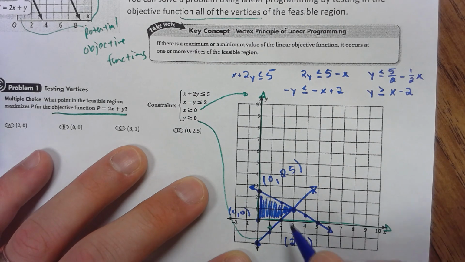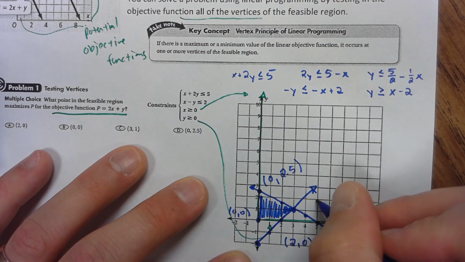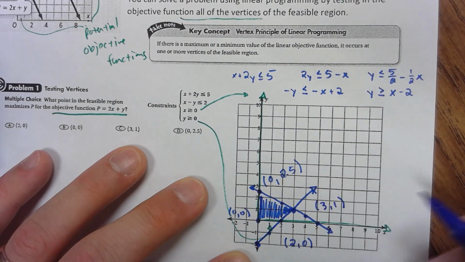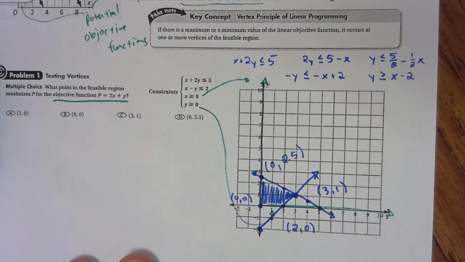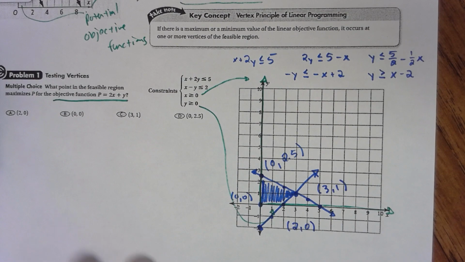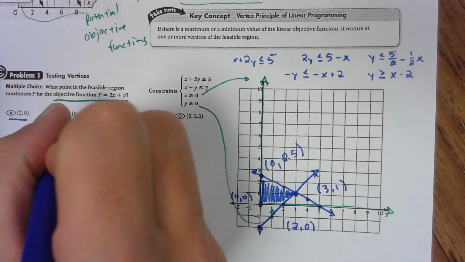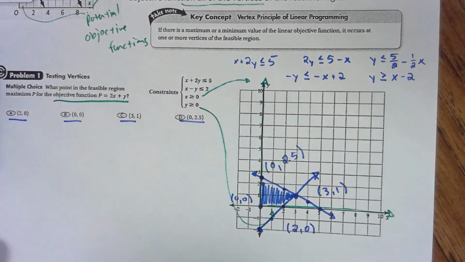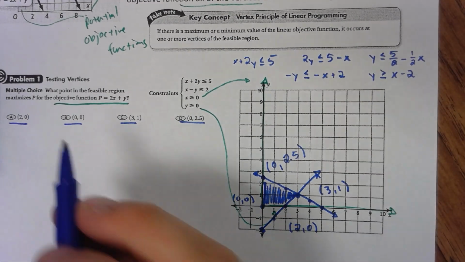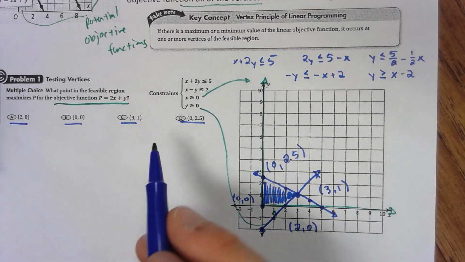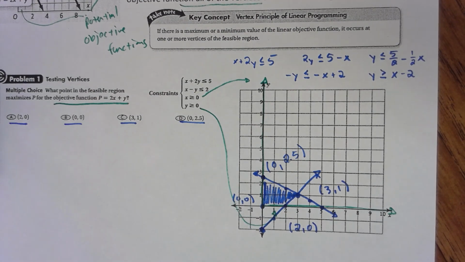And then these lines intersect, it appears at 3, 1. So these are all of our vertices. And if you notice, those are also the choices. This was a multiple choice question, where our task is to figure out which one of these points, or in this case vertices, is going to maximize the objective function.